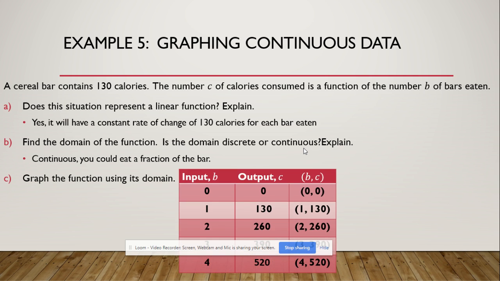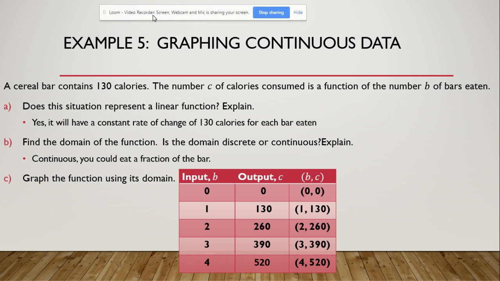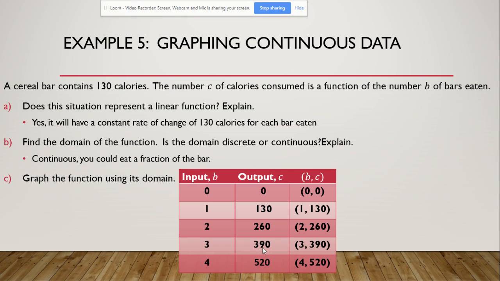Okay. Now, for our graphing purposes, I can't do every single positive number. So what I'm doing instead is I'm just grabbing a few numbers, and then I'm going to use that to draw a line. You'll notice this is very similar to what we had before. I grab a bunch of inputs. This time, these aren't the only possible ones.